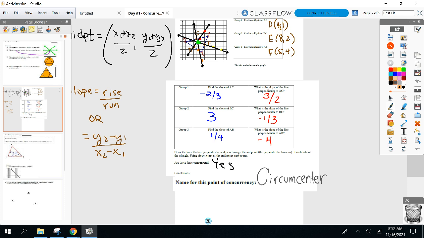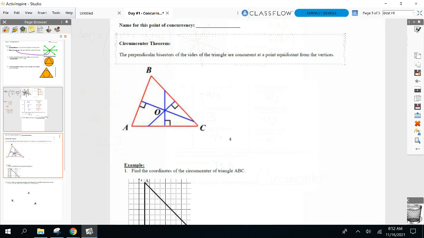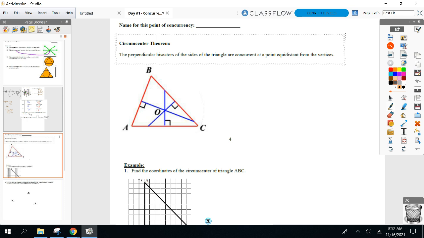What's so special about that point other than its name? That point has a special property. Here's the theorem that goes along with the circumcenter. The circumcenter is equidistant from the vertices of the triangle. What does that mean?